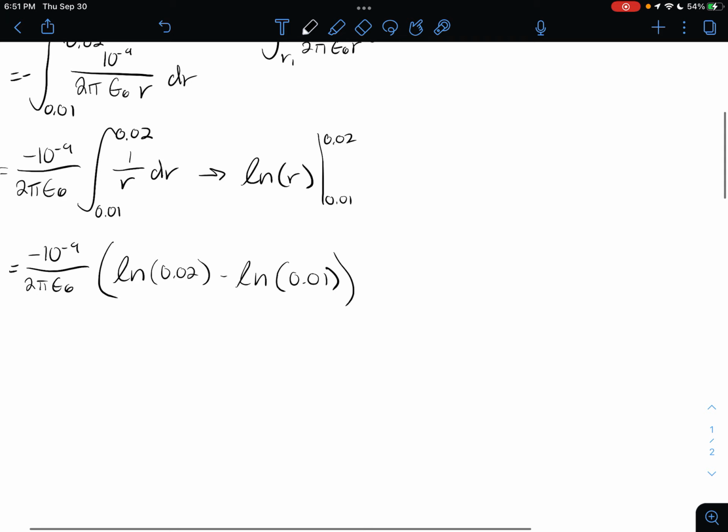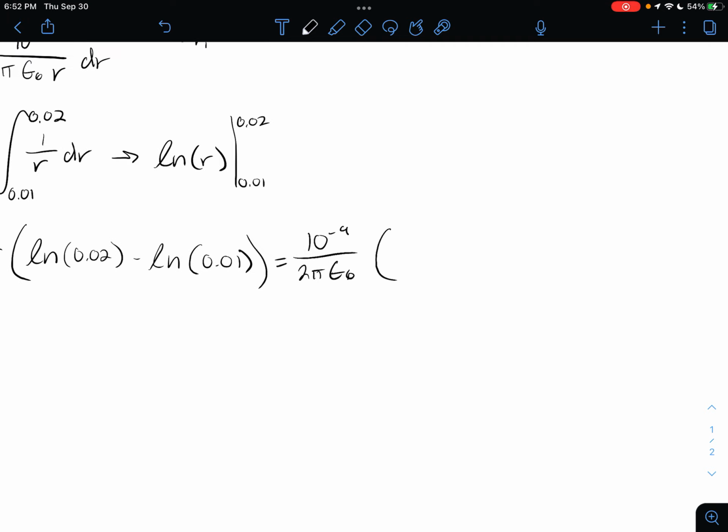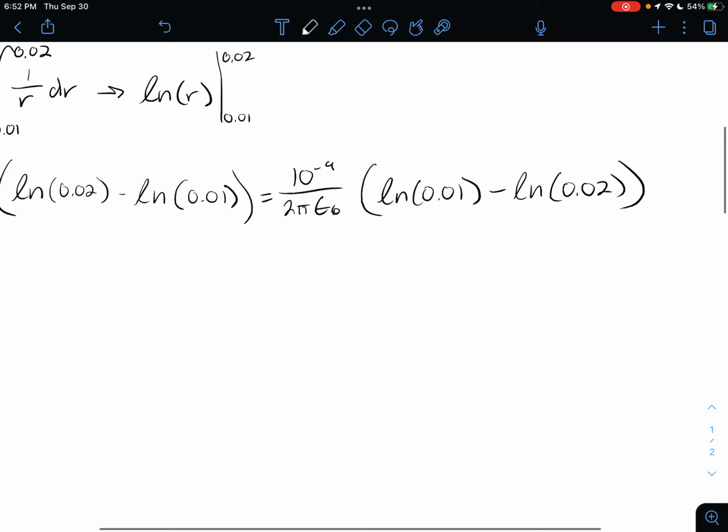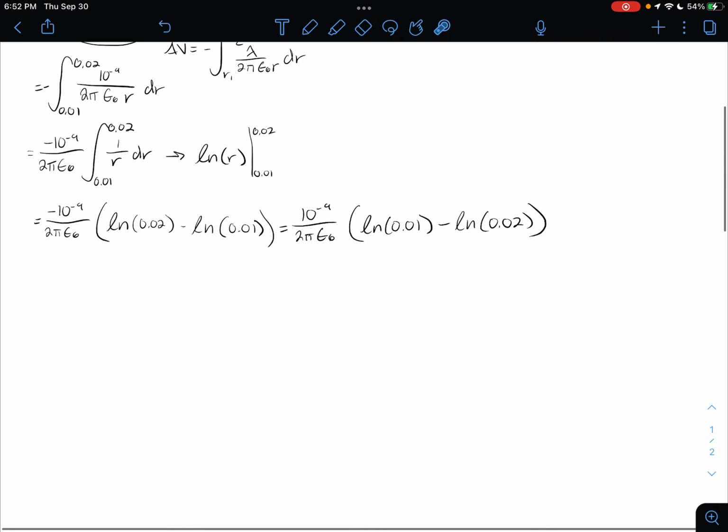I'm just going to also take this negative and distribute it in here to make it better on my brain. So 10 to the negative 9th over 2 pi epsilon naught times, since I'm distributing, I'm just going to flip the order of these. So that's going to be ln of 0.01 minus ln of 0.02. And if you solve all of this out, that's going to give you your final answer.